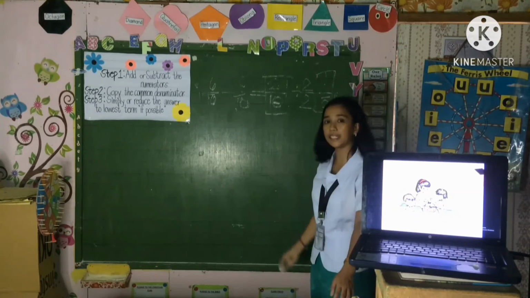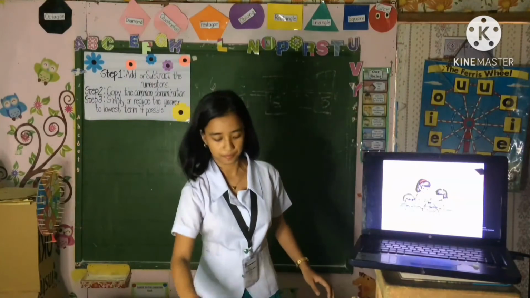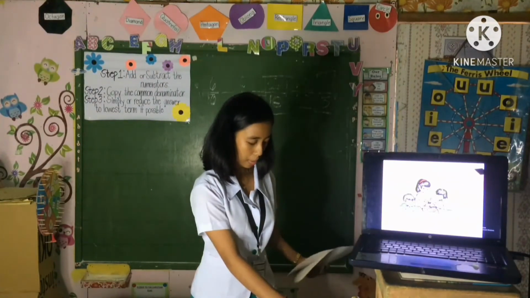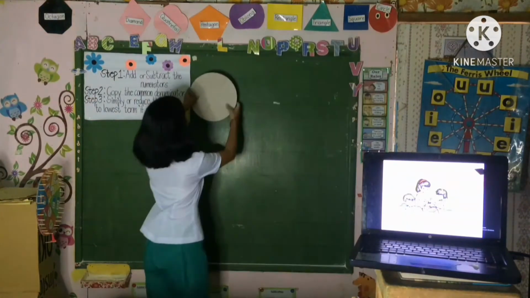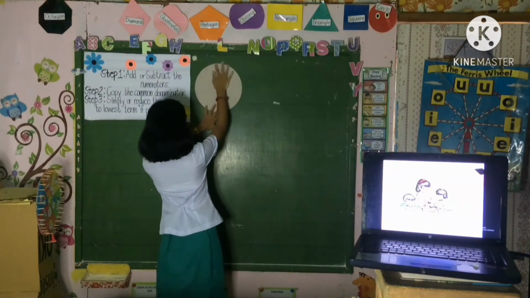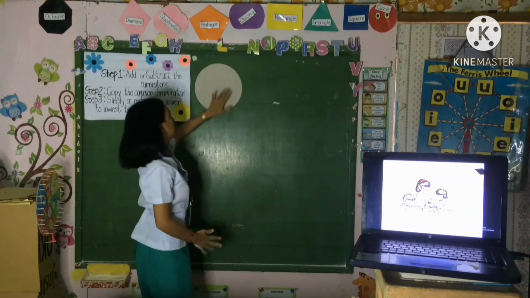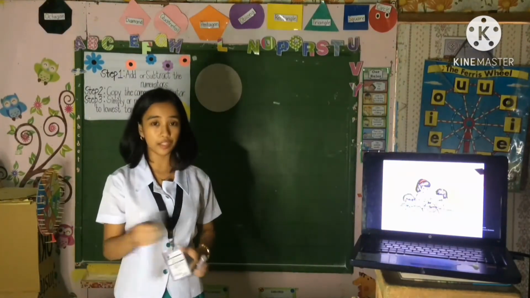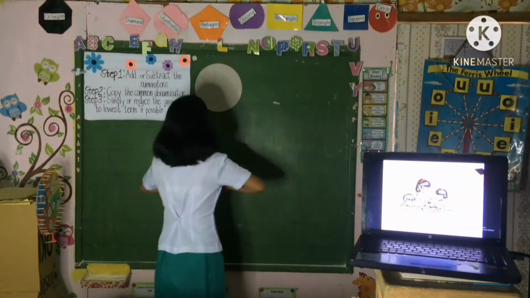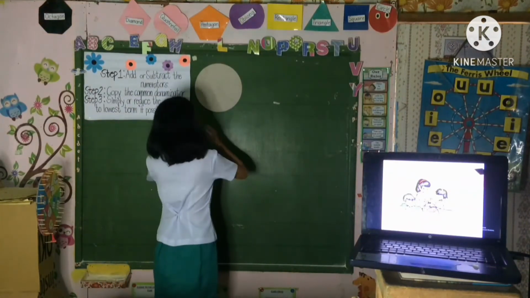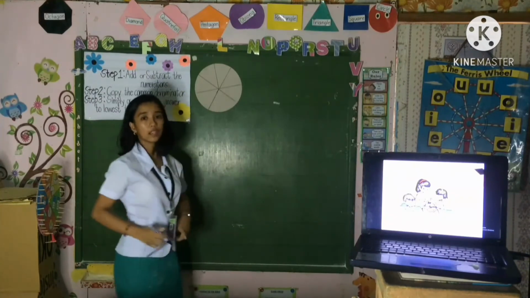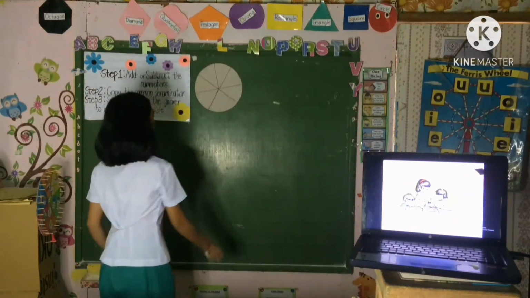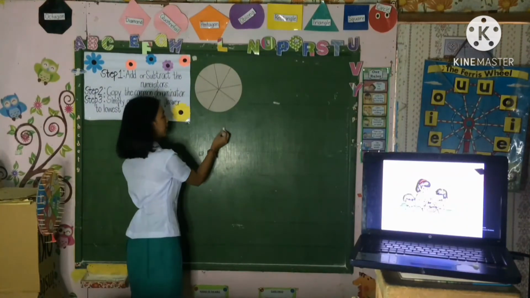Did you understand, class? So, I have here a graphic illustration. Here, a whole circle. If we divide it into 7 equal parts, what is the denominator of this circle?